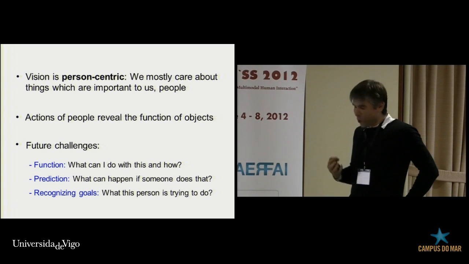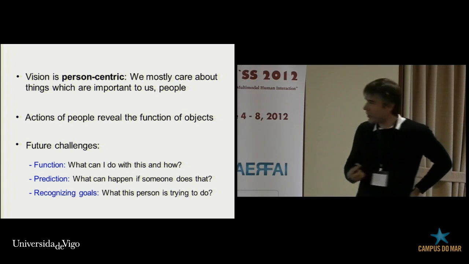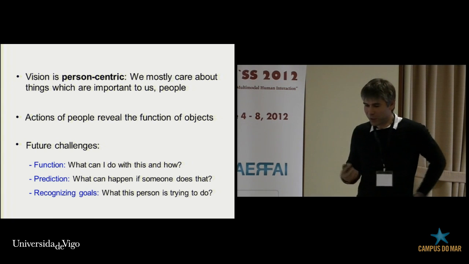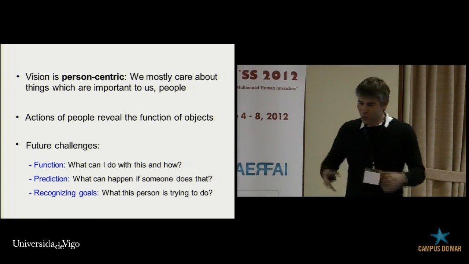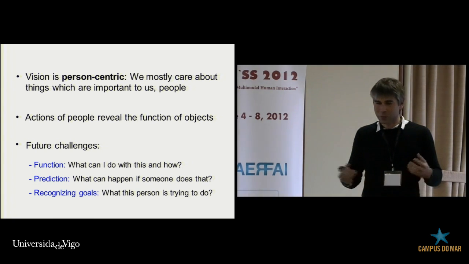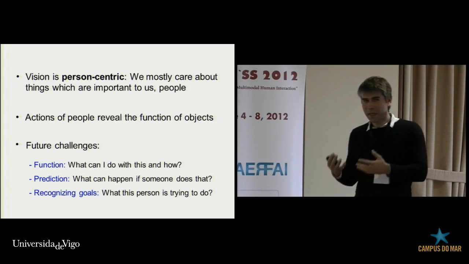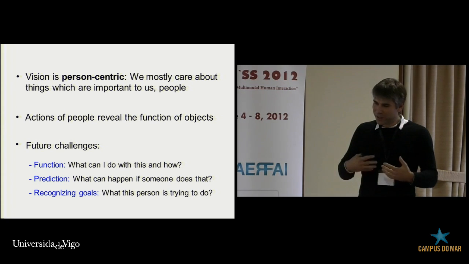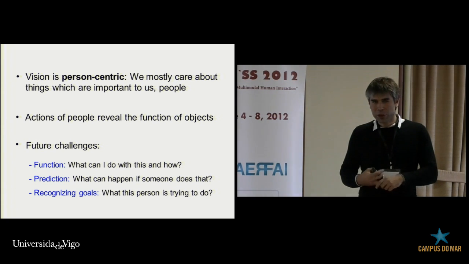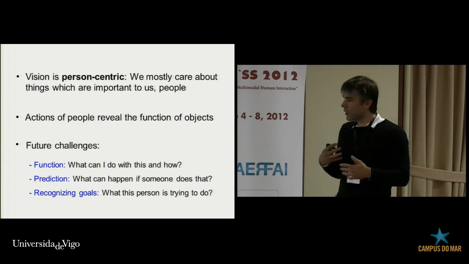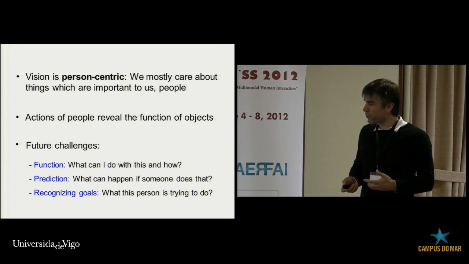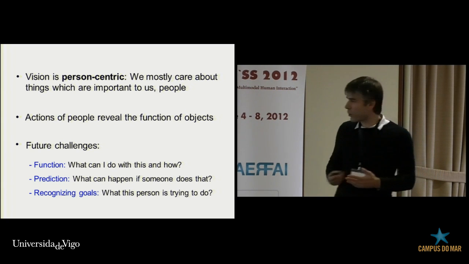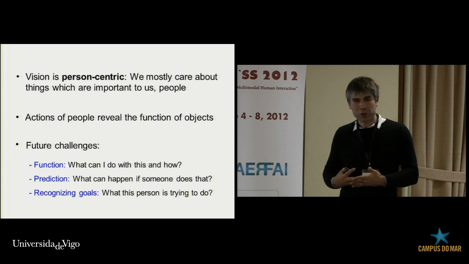So what I think we should be looking at in the future is maybe moving from labeling objects. Maybe this is the point of convergence between action recognition and object recognition, where we should go beyond just labeling actions and labeling objects, and address more difficult tasks of answering questions like what can I do with an object, or what can an object be used for.